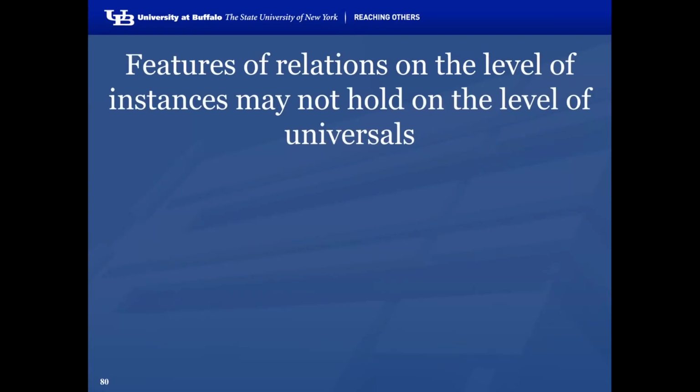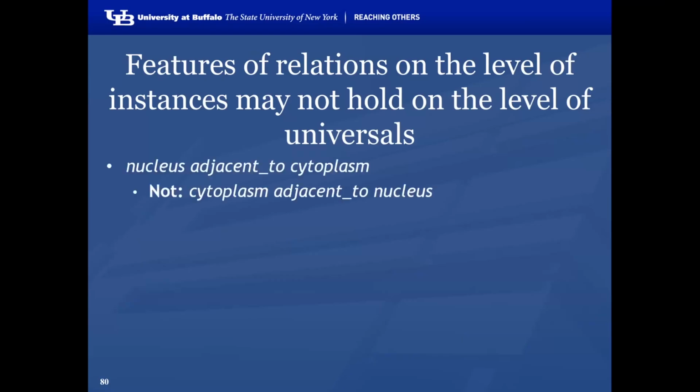Now, features of relations on the level of instances may not hold on the level of universals. You will see that quite often some mistakes are made there in ontologies that you find on the web. For instance, nucleus adjacent to cytoplasm. That's correct. But cytoplasm adjacent to nucleus would not be correct. Why not? Well, red blood cells don't have a nucleus.